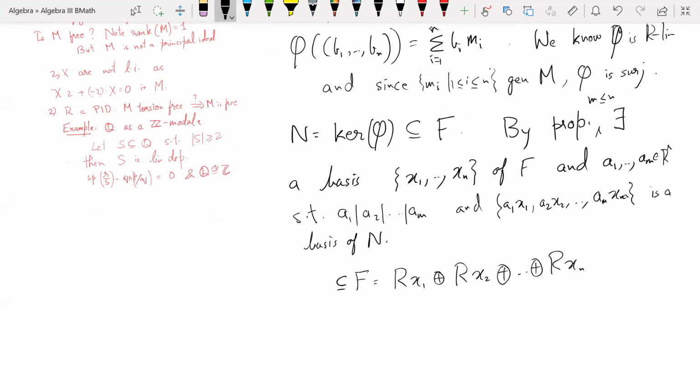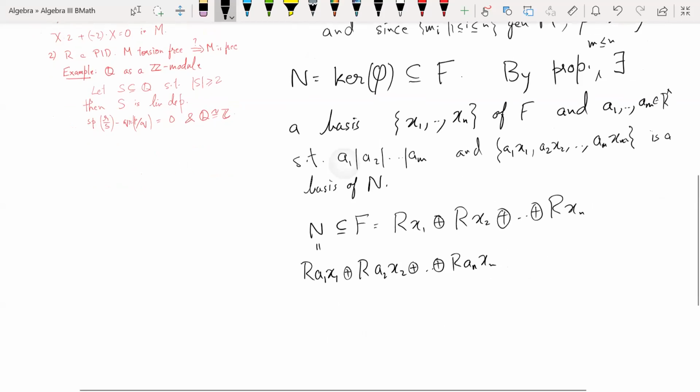And N is contained in this, and I can write it as R a1 x1 plus R a2 x2 plus up to R am xm, and again this is a direct sum. Once I give a basis, I can write elements of F as tuples with respect to x1 to xn, and then I can take the quotient.